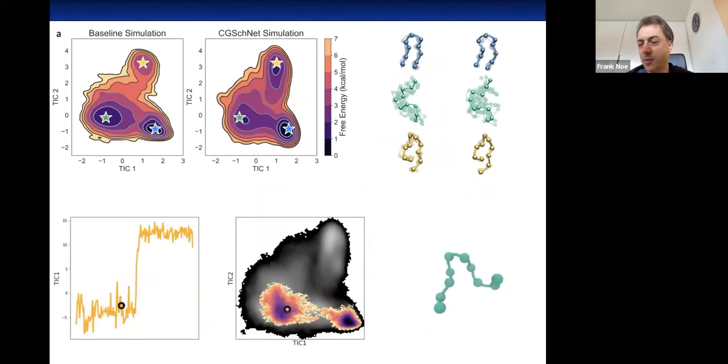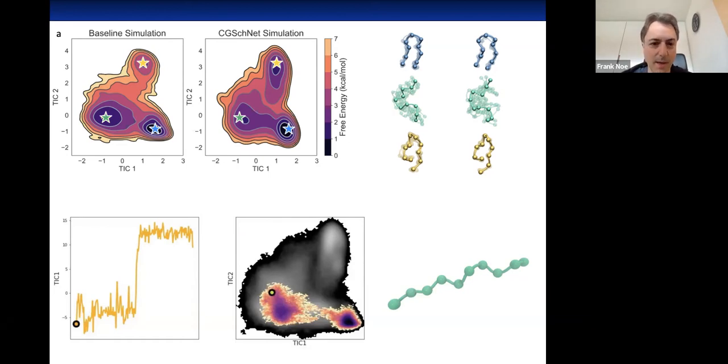We can also use this trick to learn implicit solvent force fields by just keeping the solute coordinates as the coarse-graining operation, because then what we learn is the solvation free energy. Currently, what we are doing is to train these methods on a very large data set of thousands of different peptide simulations and small protein simulations.